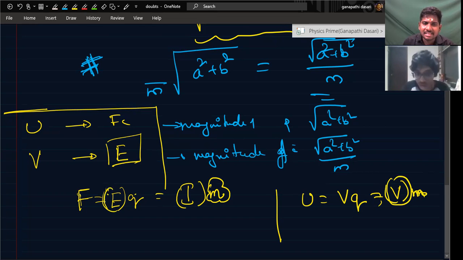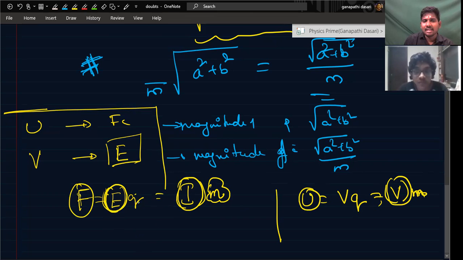For unit charge, whatever the force is, that is electric field. For unit mass, whatever the force is, that is called field intensity. Are you getting it? If force and potential energy are related, similarly field and potential are related.